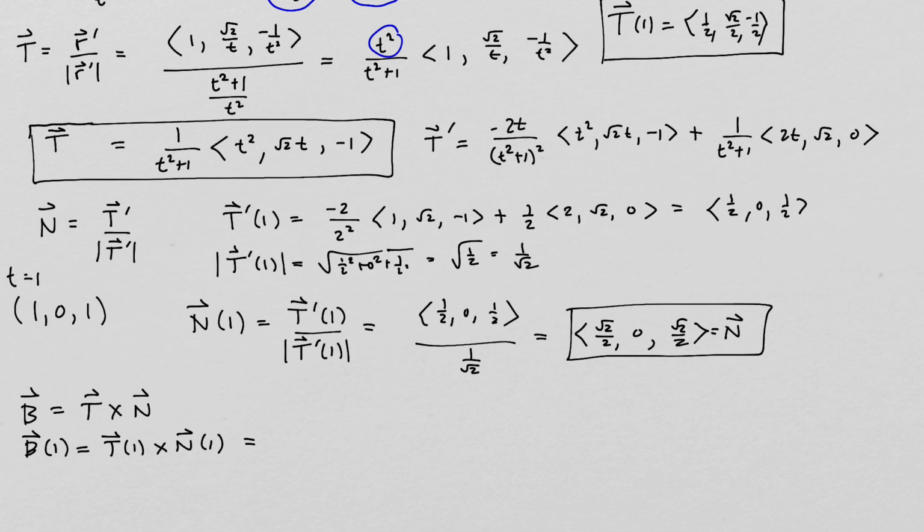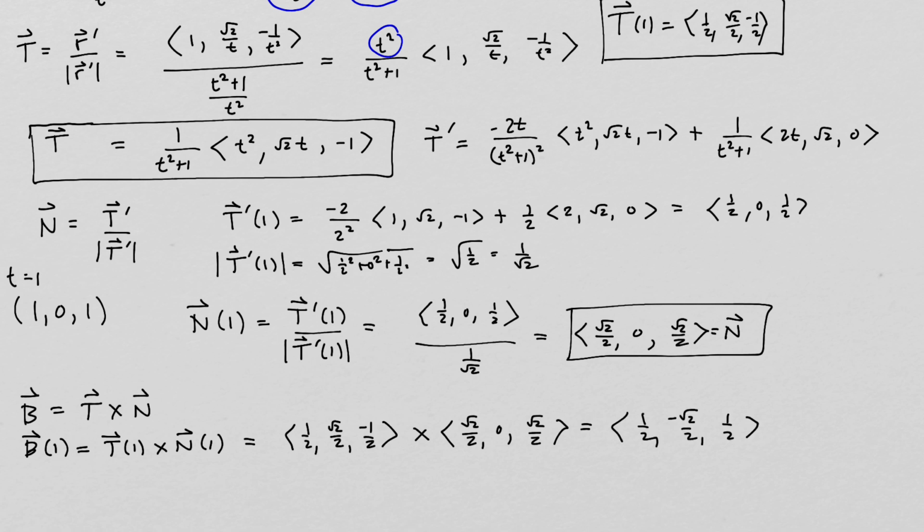So that is going to be the vector 1/2, radical 2 over 2, negative 1/2, cross product with radical 2 over 2, 0, and radical 2 over 2. And this is the vector 1/2, negative radical 2 over 2, and negative 1/2.